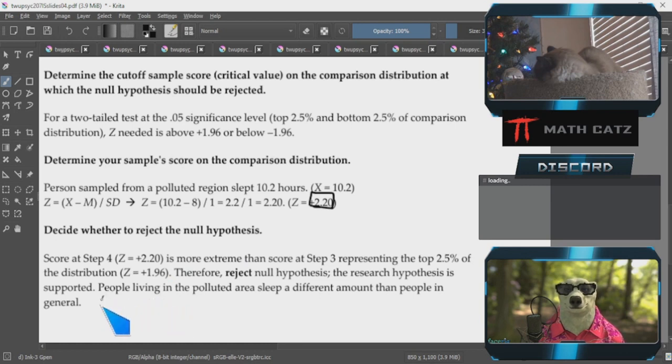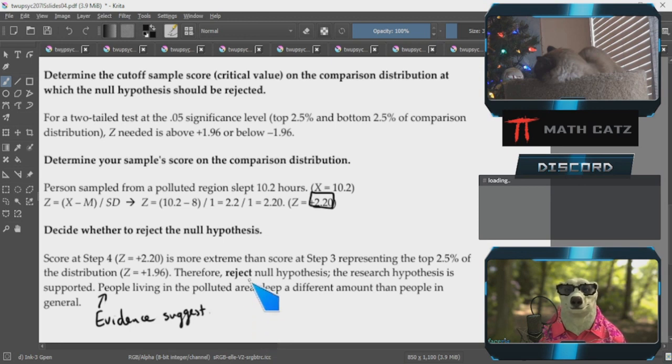So I want to update this sentence here. The evidence suggests that people living in polluted areas sleep a different amount than people in general. We will never know if it's true, but the more evidence that suggests this, the more we will start to think that it is.